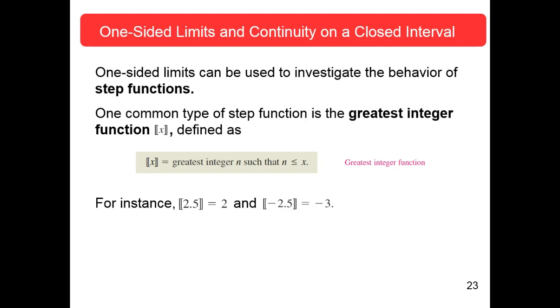They're skipping. No, I'm sorry, they're not there yet. One-sided limits can be used to investigate behavior of step functions. Y'all remember what those are? Functions that are a certain value, then another certain value, then another, like that. Are those continuous functions?